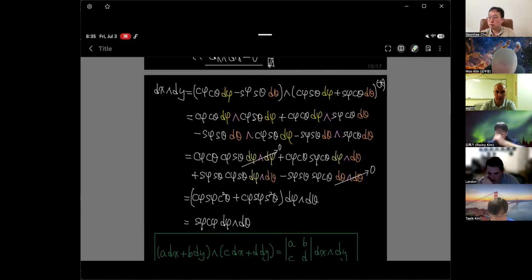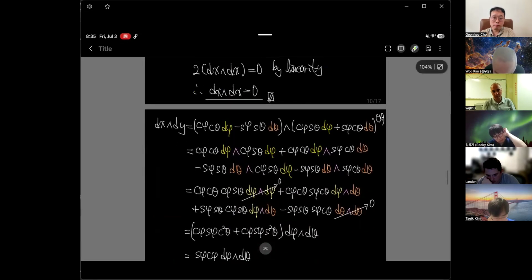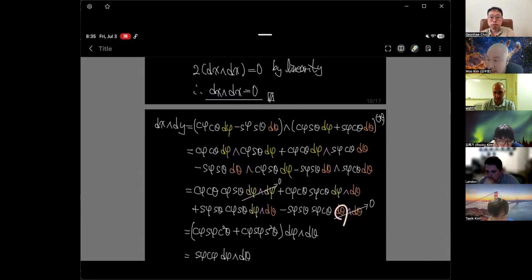And then we can use the property dx wedge dx equals 0. So if you see any two same, this d phi or d theta is just going to be 0.